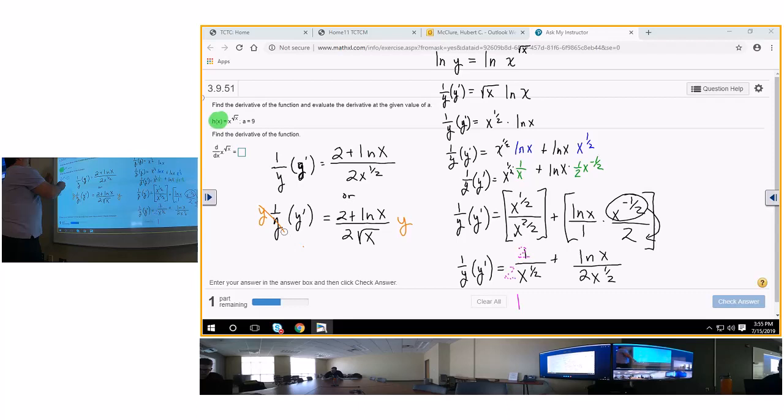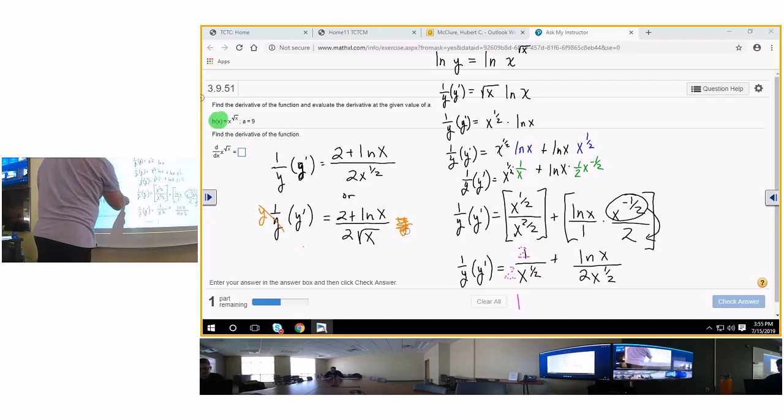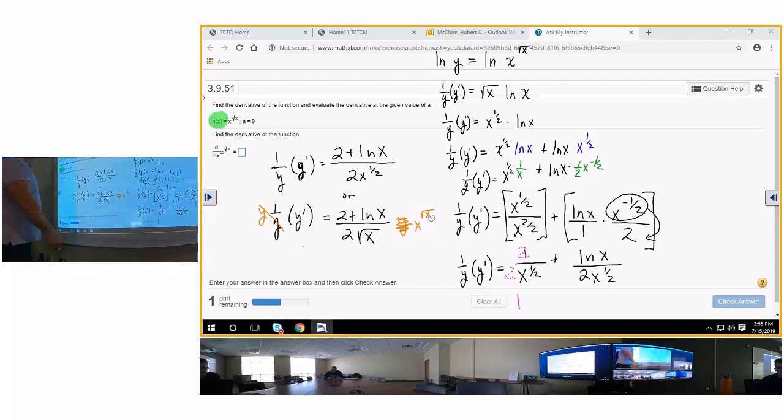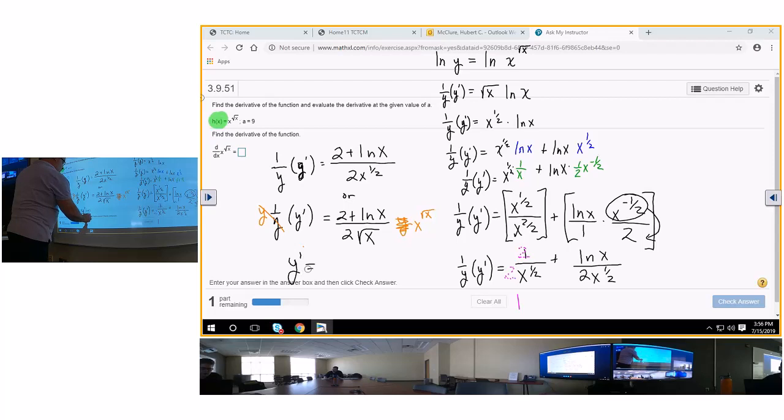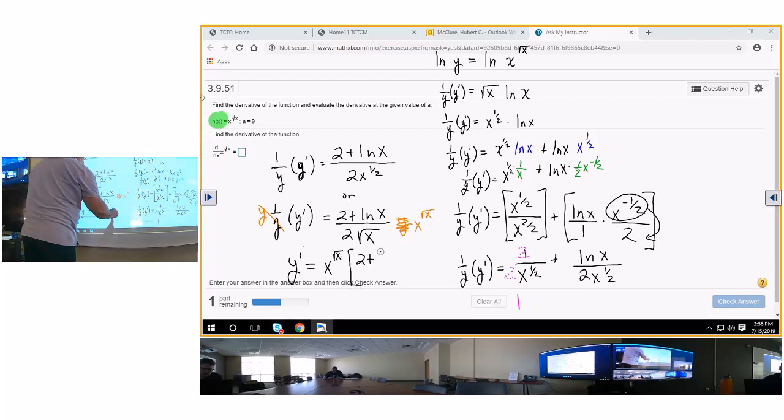And what is y? Y is x to the square root of x. So x to the square root of x. So y prime, leaving all the steps in, is equal to x square root of x times 2 plus the natural log of x over 2 times the square root of x.